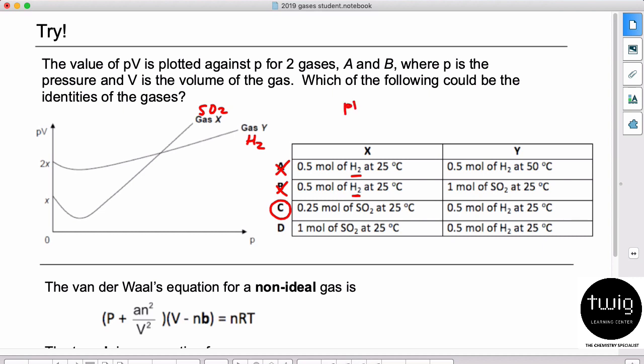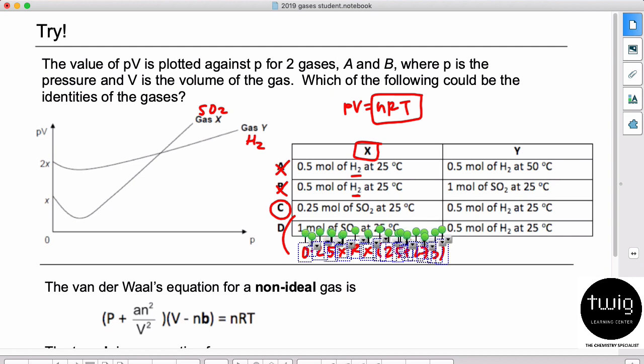PV equals nRT. All you need to calculate is nRT. So for C, let's try the nRT. For gas X, nRT will be 0.25 times R times T. T is 25 plus 273. Always must plus 273. For gas Y, 0.5 times R times T, same thing, 25 plus 273.